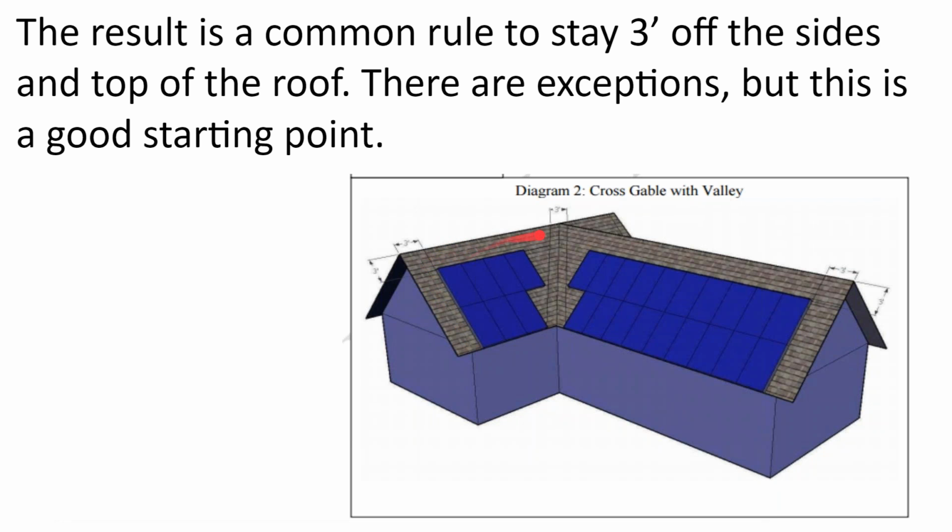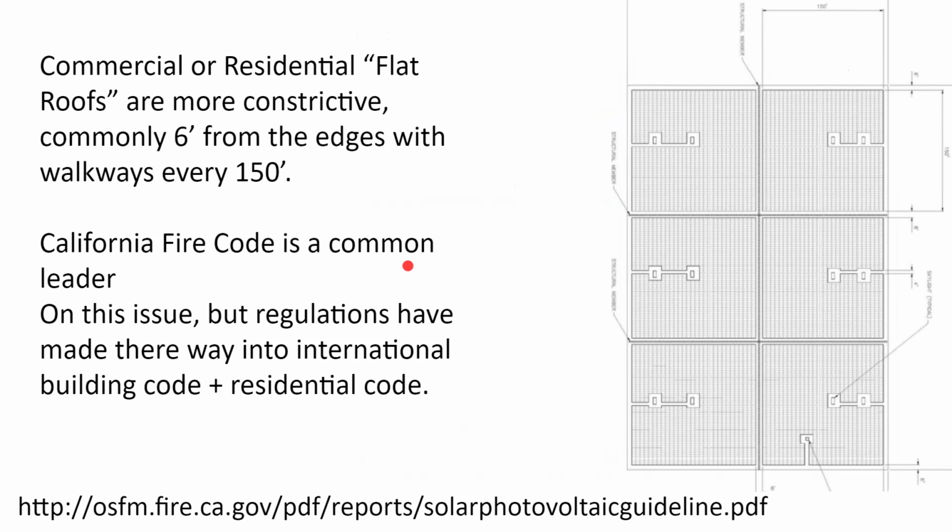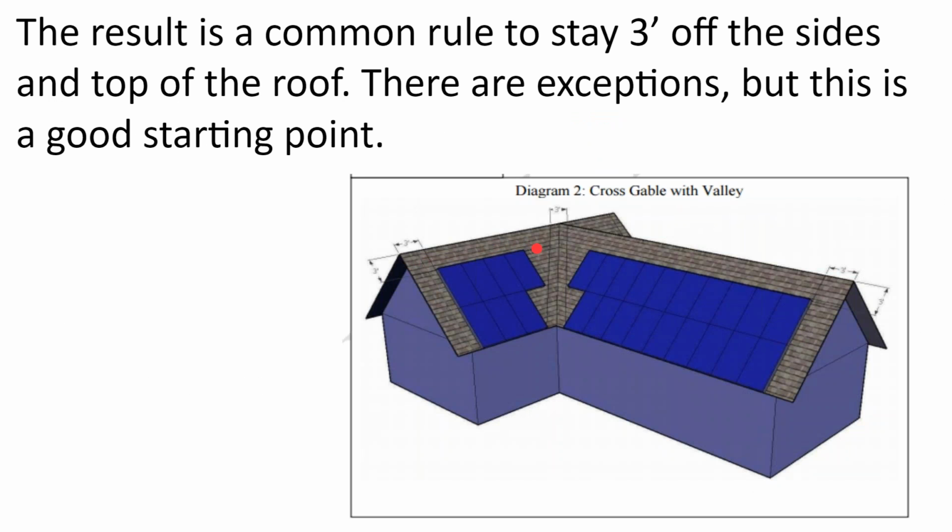And then it's 3 feet on both sides because they need 2 ways to access the same roof plane. They don't know what's on the other side of the roof. And so they need to be able to scamper up one side, run across, and then come back down a different way. There's a little bit more nuance than that.